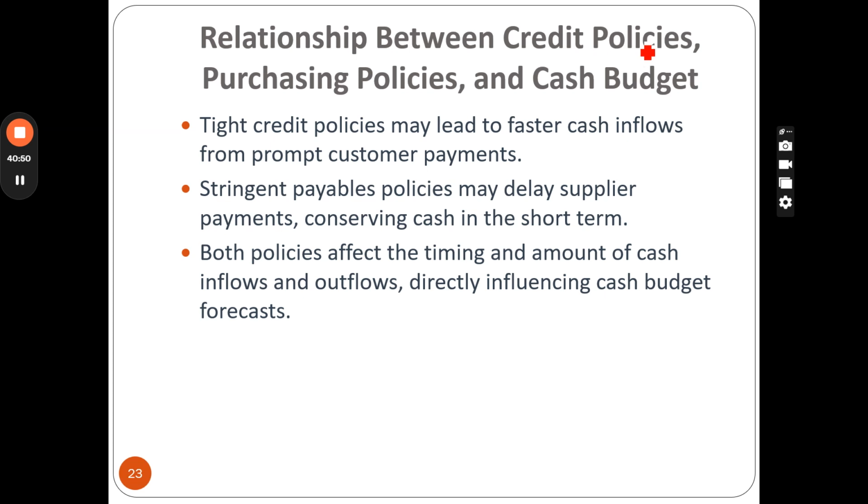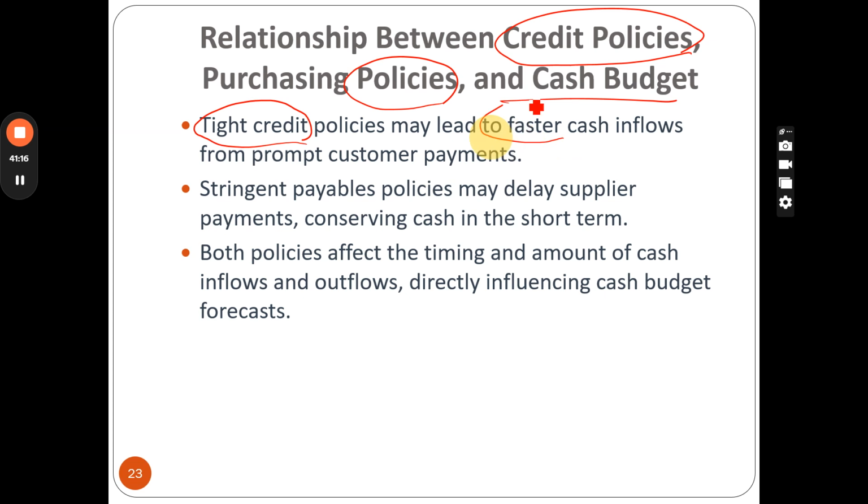Also, we have to consider the credit policies and your purchasing policies when you are preparing a cash budget. When you have tight credit policies, you are not going to allow a lot of your customers to keep your money pending without paying for a long time. You are very rigid on it, we are tight.